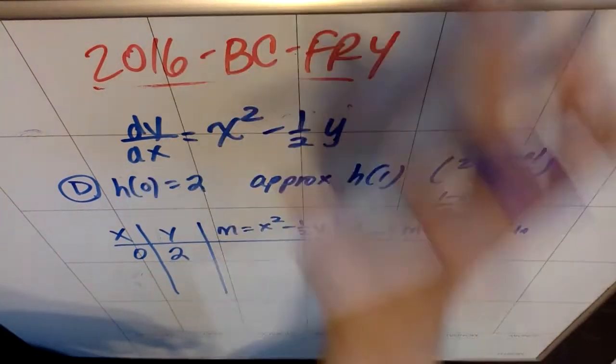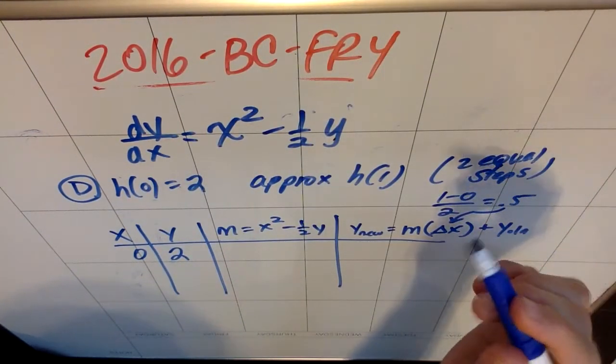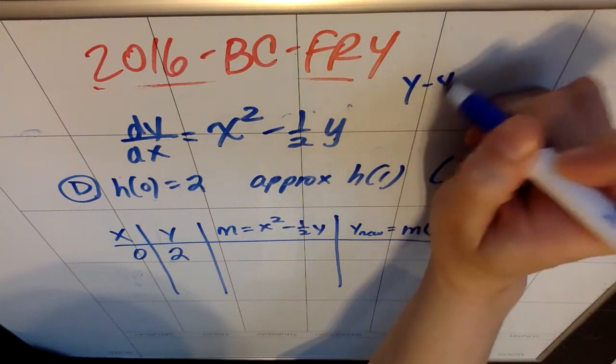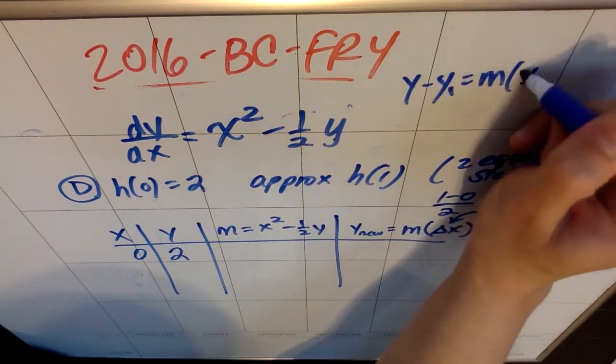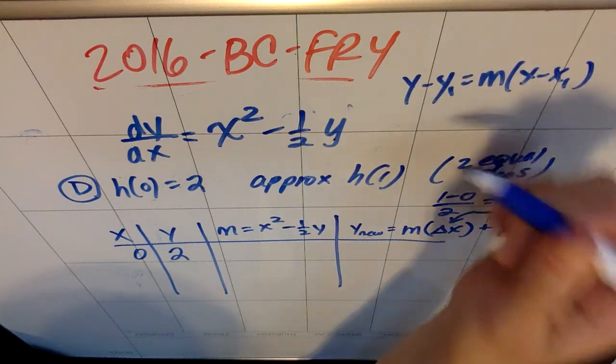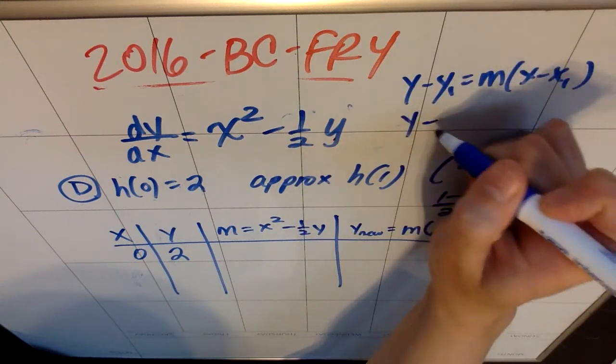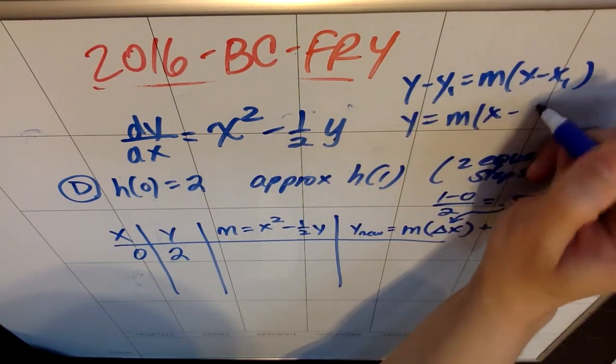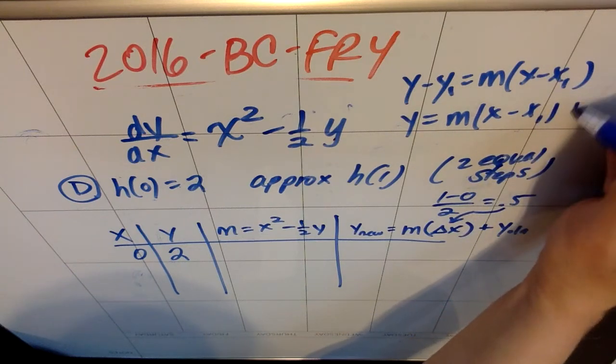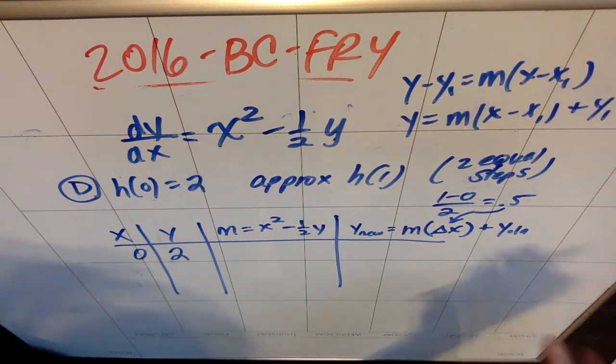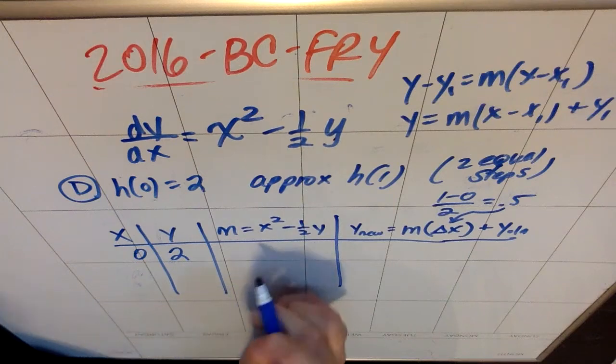And again, Euler's is basically y minus the y value equals m times x minus the x value. That's point slope. And then you add the y over. So you get y equals m times the change in x, plus the other y. So anyway, that's what we do.